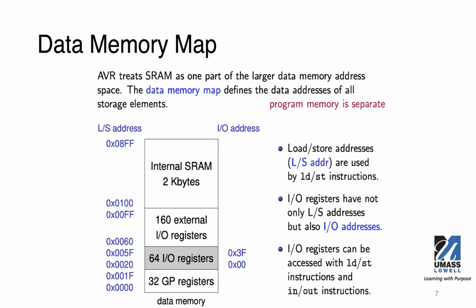But the idea of mapping one resource, in this case I/O registers, to either a load store address or an I/O address is interesting to know, and also to understand the possible ways to access the same resource. So I recommend that you take a look at this closely and understand it.